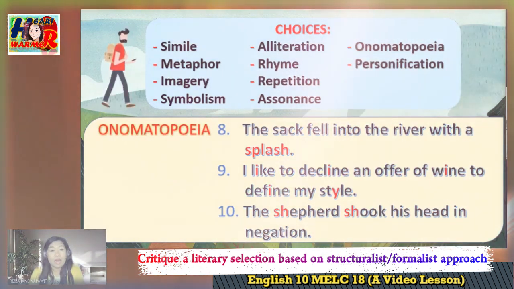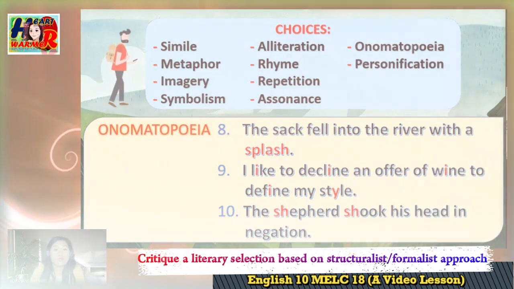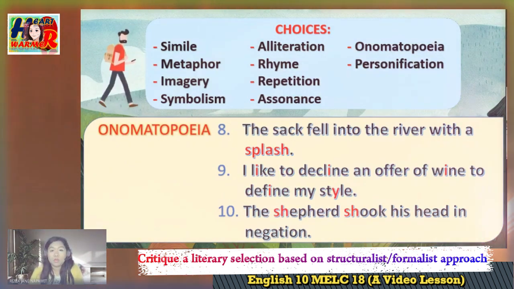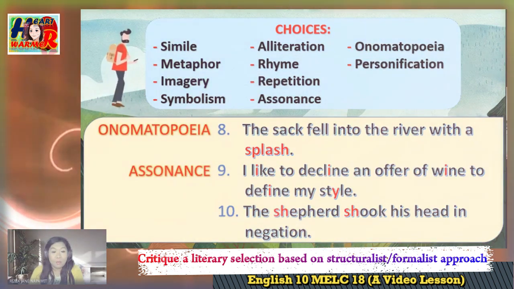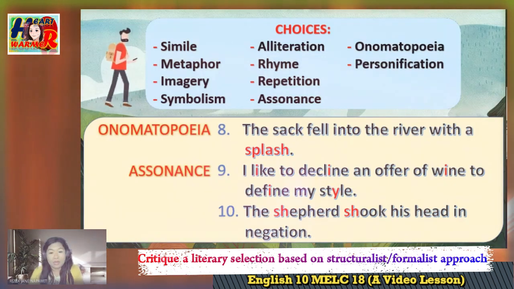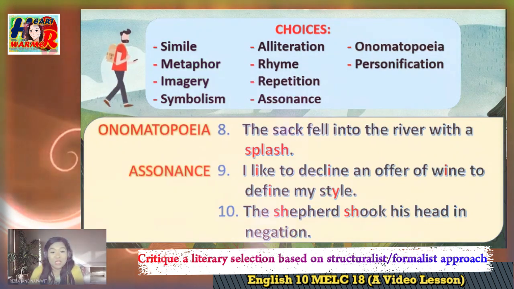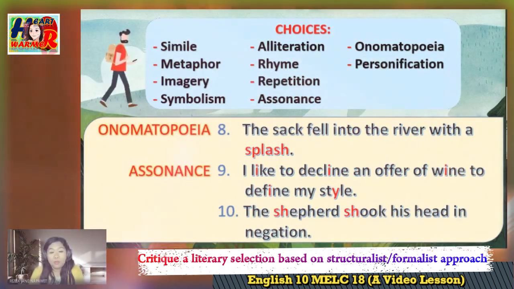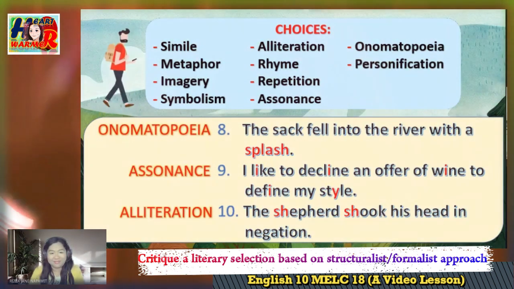If you notice, the highlighted vowels, or letters with vowel sound, are the same. So that's why this is called assonance. Number 10, the shepherd shook his head in negation. Because of the repetition of the initial sounds of sh, sh, we could say that this is called alliteration. All right?